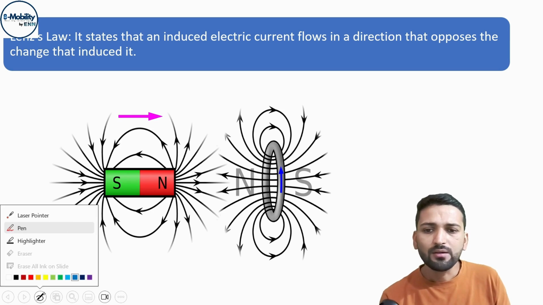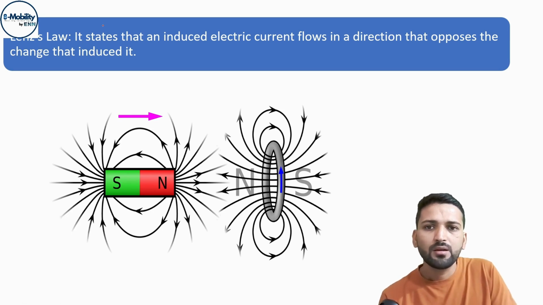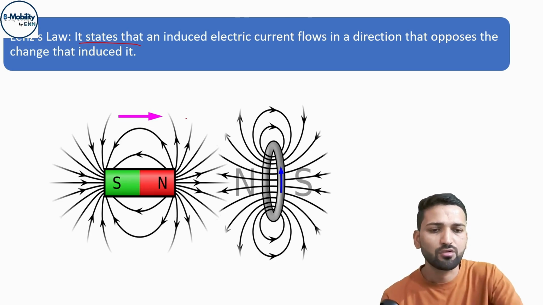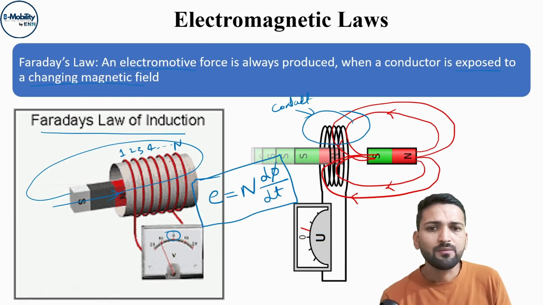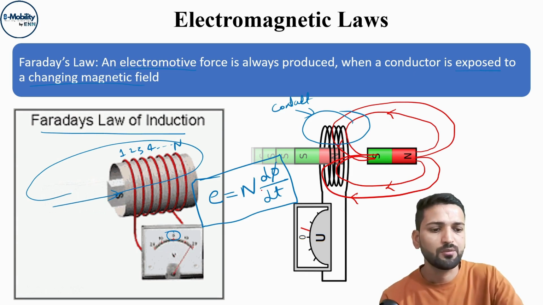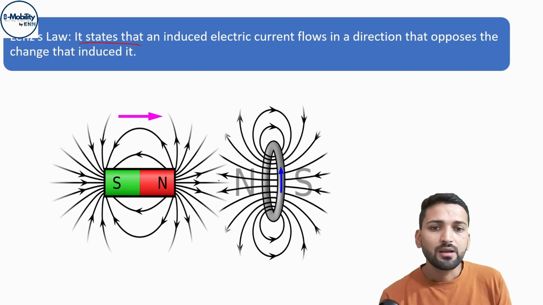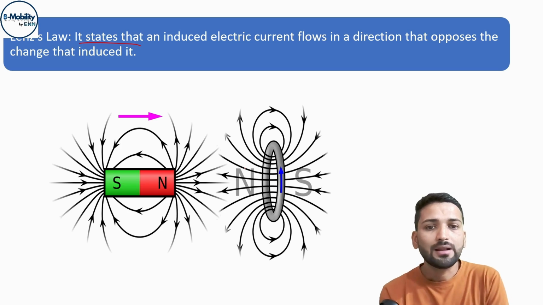The second law is Lenz's law. Lenz's law is similar to Faraday's law, but it explains the direction of the electromotive force. In our case we told you that there will be induced EMF, but what will be the direction of the induced EMF? That is important. That is dependent on Lenz's law.